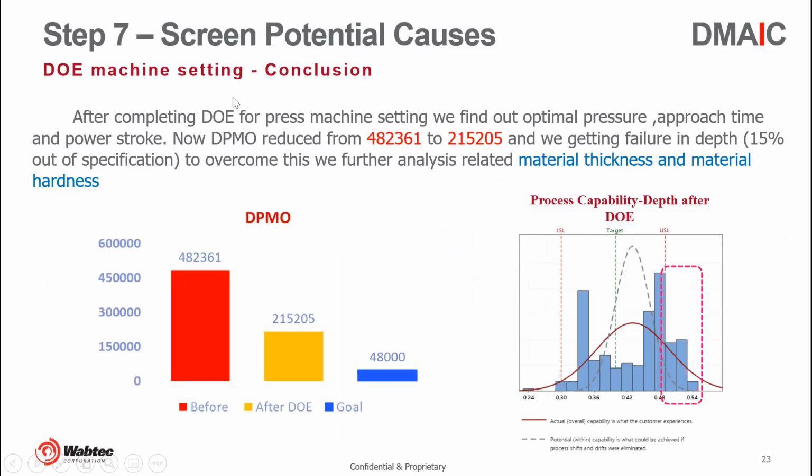We understood that the DOE machine setting conclusion is very clear, so we needed to do further improvement on the process, where we had reached 85% but still needed to analyze the 15%. So we went further into analysis and got into material thickness and material hardness, which were playing an important role. Because if you see over here, the process capability of depth after DOE still had 15% parts out of the specifications.